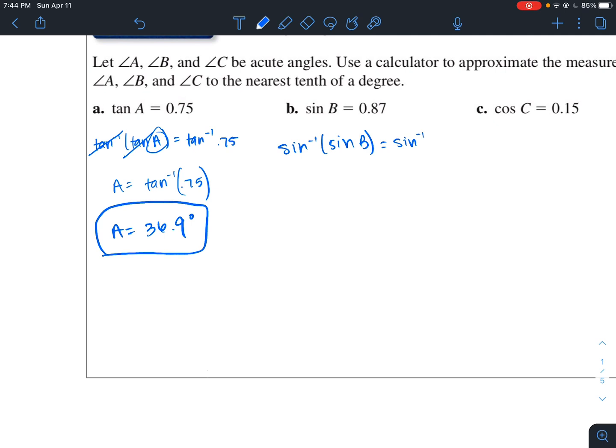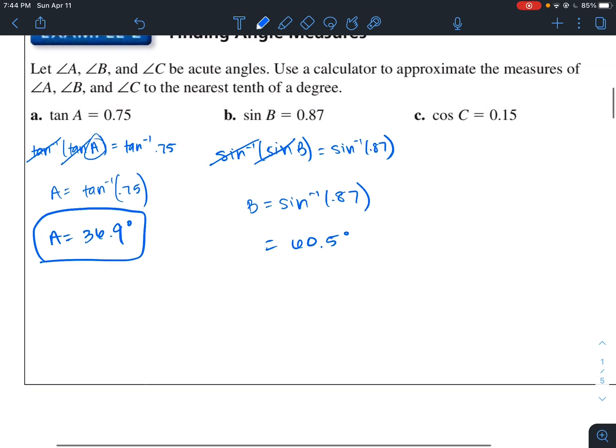So sine inverse of 0.87. Now on the left side the sines would cancel and I get B is equal to sine inverse of 0.87. And if you put that into the calculator, you should get about 60.5. Again, we are talking about angles, so in degrees.